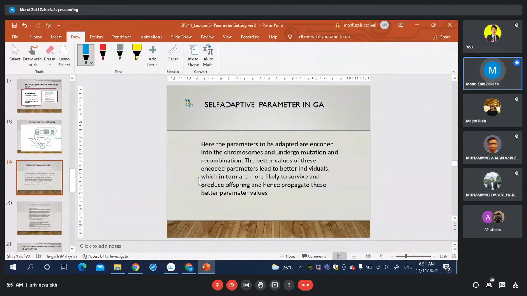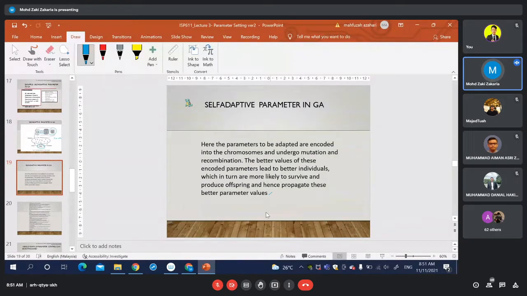It means the parameters to be adapted are encoded into the chromosome and undergo mutation and recombination. Better values of these encoded parameters lead to better individuals, which in turn are more likely to survive and produce offspring. Hence, this better performance propagates the better parameter values, done by the computer.